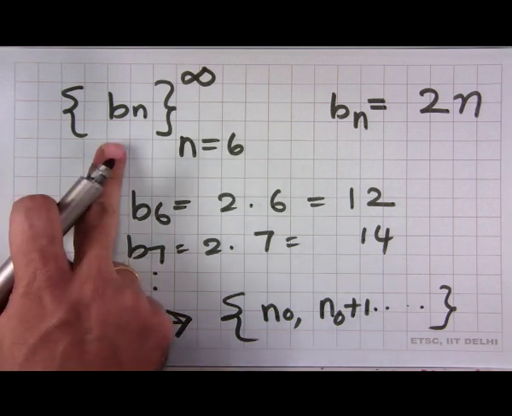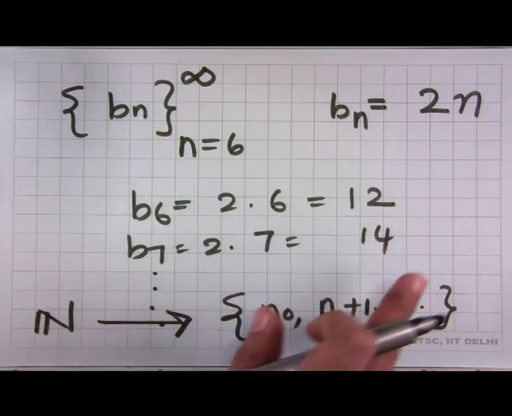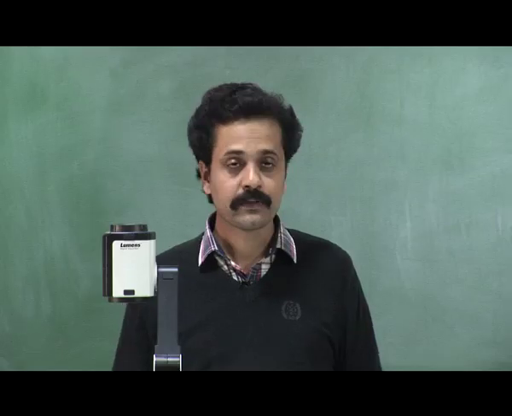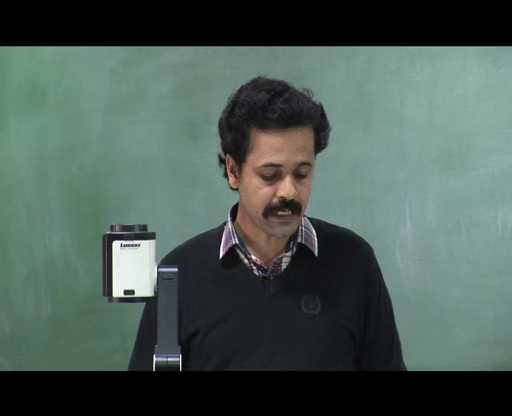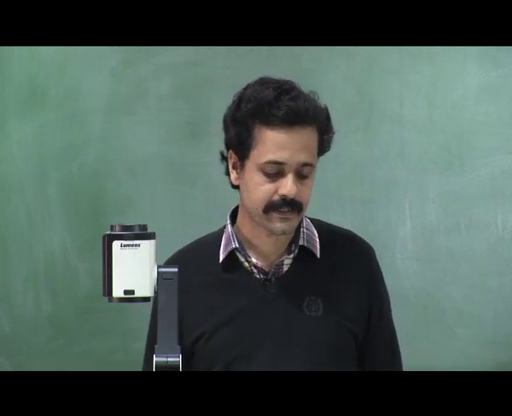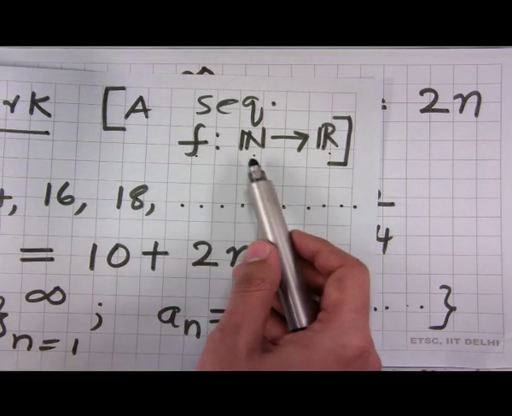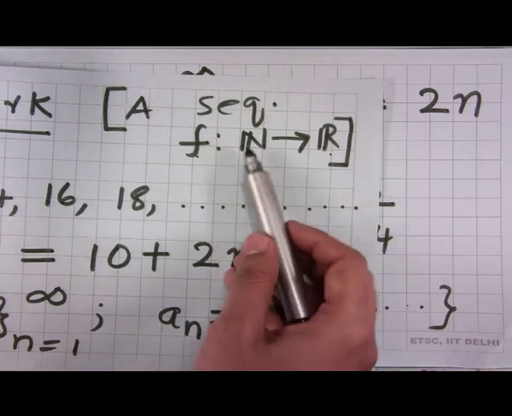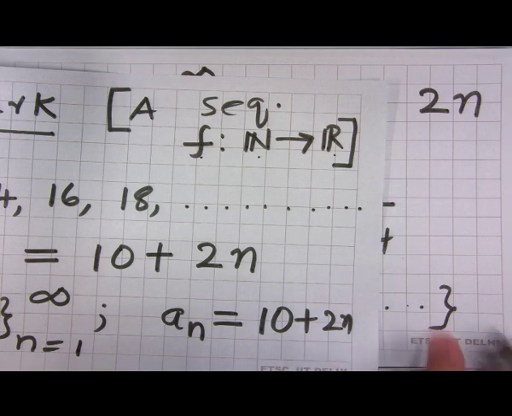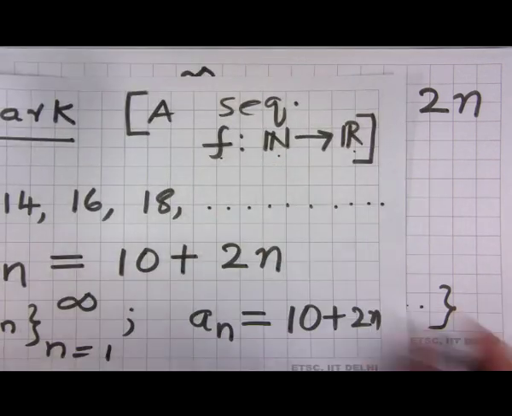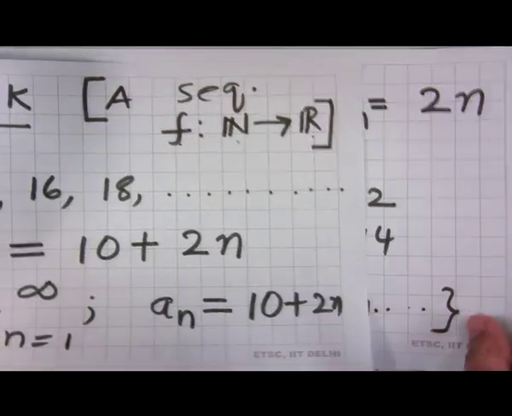In the previous example, we started with b_6, b_7, and so on. This remark should shed light on the fact that a sequence can be defined as a function from some subset of natural numbers to R, though it is customary to define it from the set of natural numbers.